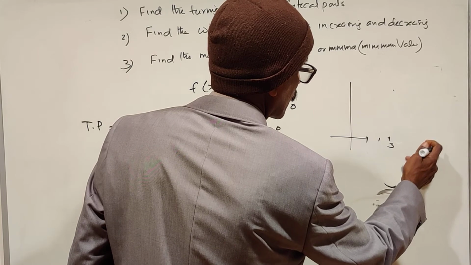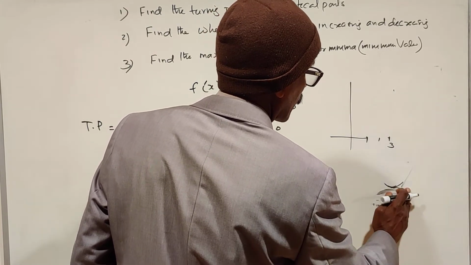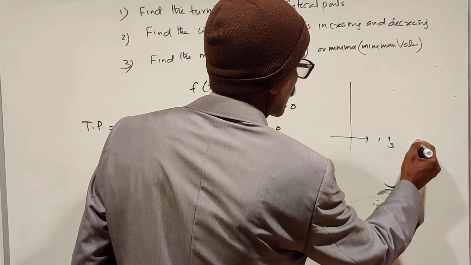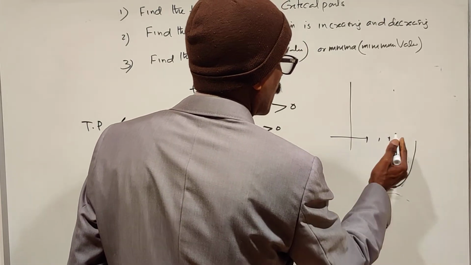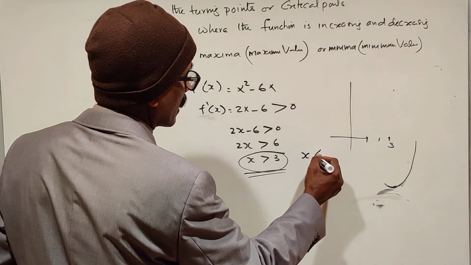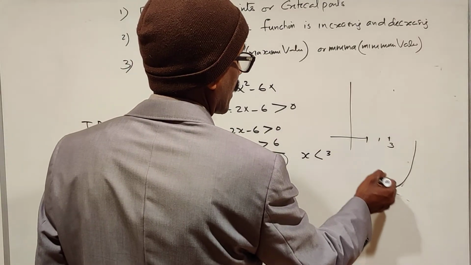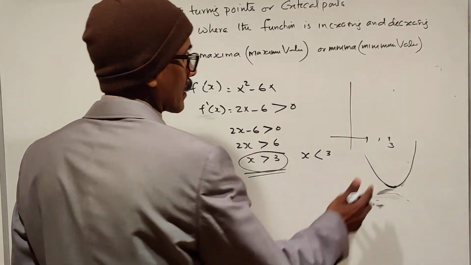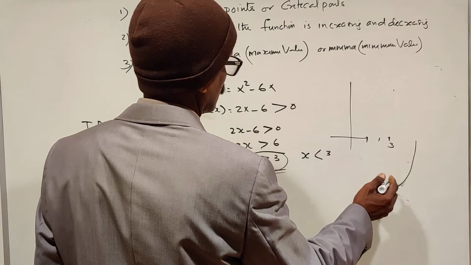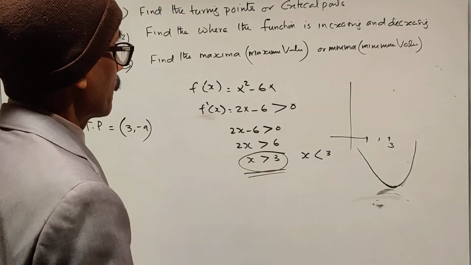Maybe like this. The function is increasing like this. And if x is less than 3, the function is decreasing. Right? Decreasing. So that's the answer.